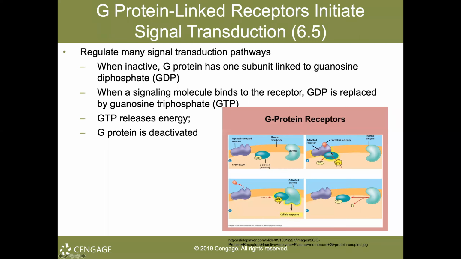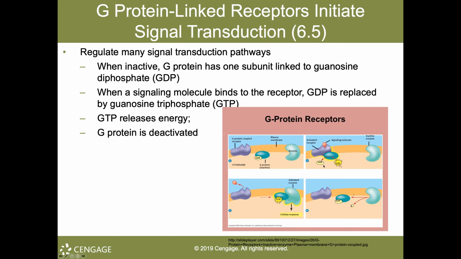okay? When ligand binds to the G protein coupled receptor, the receptor is now able to bind the G protein or a portion of the G protein. And one subunit of the G protein will be bound to GTP.